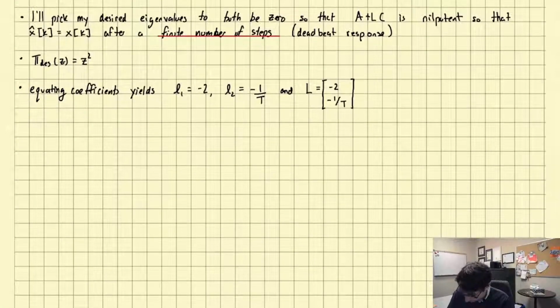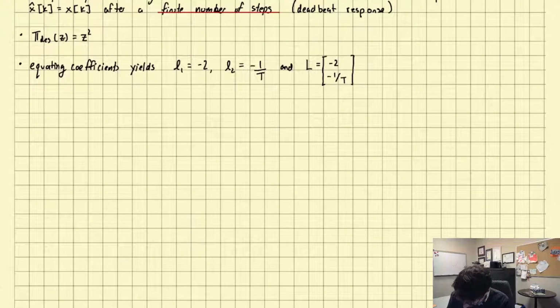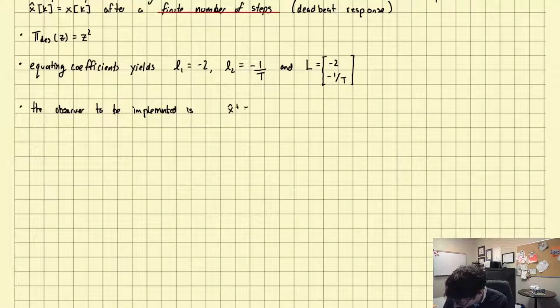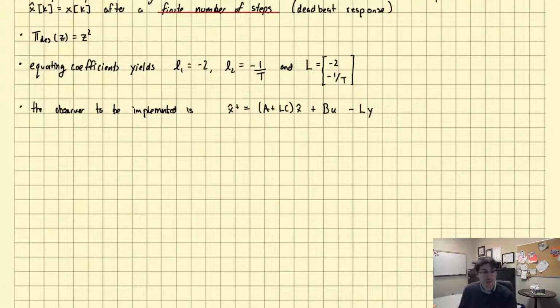Finally, our observer to be implemented is given by x hat plus, I'm just going to rewrite the equation and then I'll plug in the specific data. In this case, the plant had no D matrix, so there's no D terms showing up in my observer.